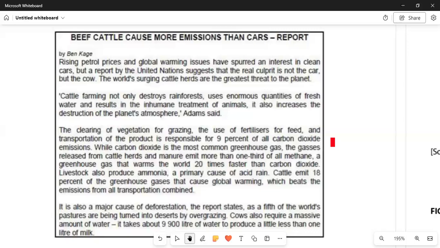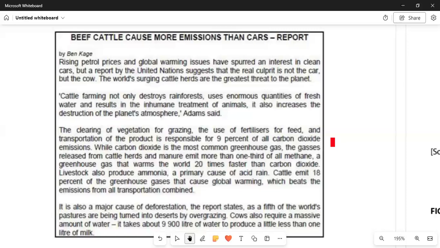The clearing of vegetation for grazing, the use of fertilizers for feed, and the transportation of the product is responsible for 9% of all carbon dioxide emission. While carbon dioxide is the most common greenhouse gas, the gases released from the cattle heads and manure emit more than 1/3 of the methane, the greenhouse gas that warms the world 20 times faster than carbon dioxide.